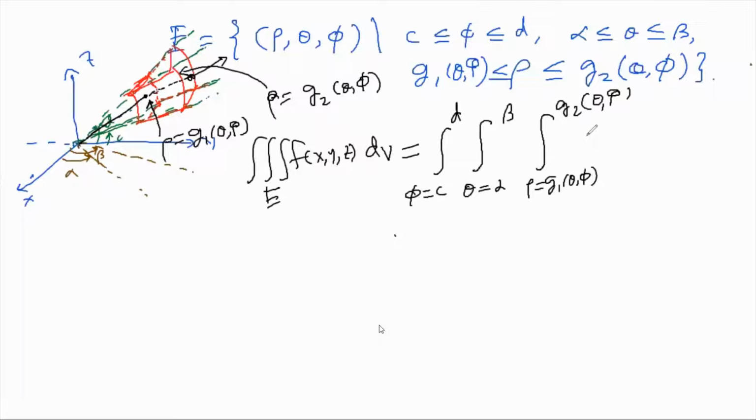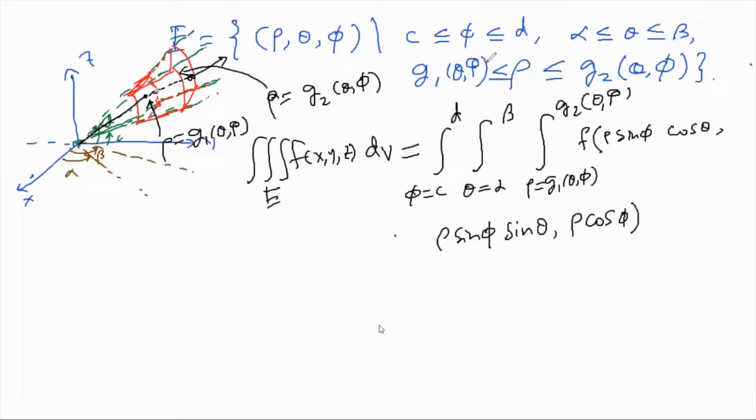And you have to replace x, y, z in terms of rho, theta, phi. So x is rho sine phi cosine theta, y is rho sine phi sine theta, and z is rho cosine phi.